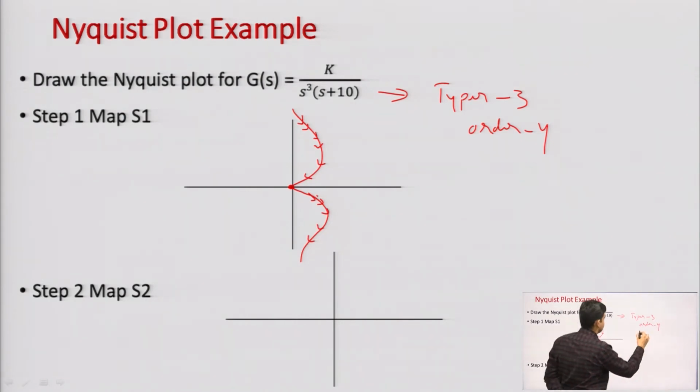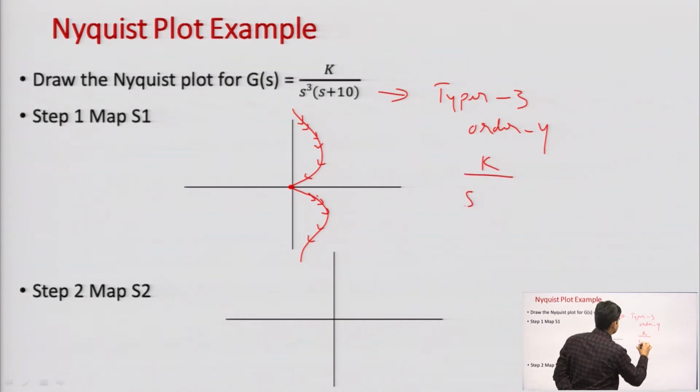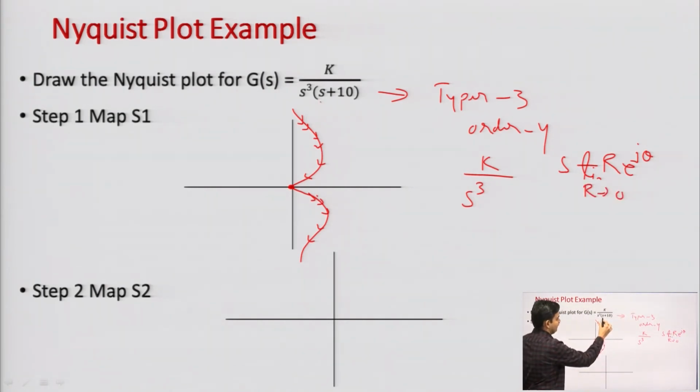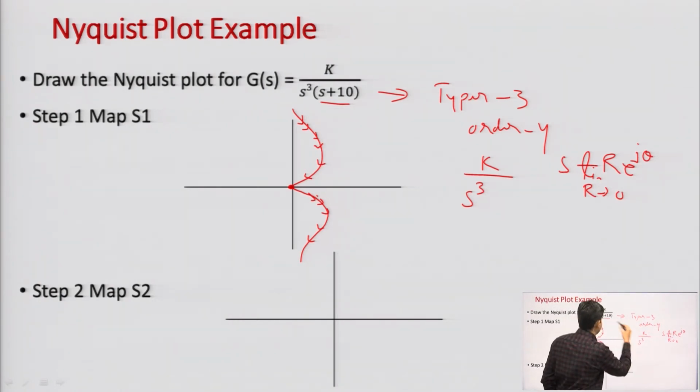For S4, this will be k over s cube, and we need to replace s by r exponential of j theta, where limit r is tending to 0. So, here if s is very small, then we can neglect the other terms and we will get only s cube in the denominator.